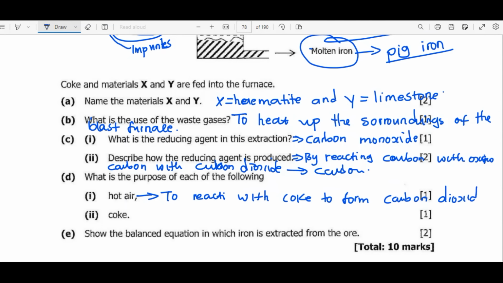Then the purpose of coke: to react with carbon dioxide to form carbon monoxide.